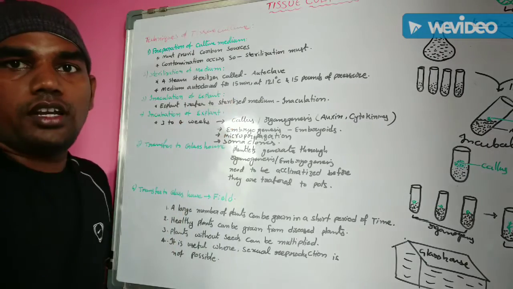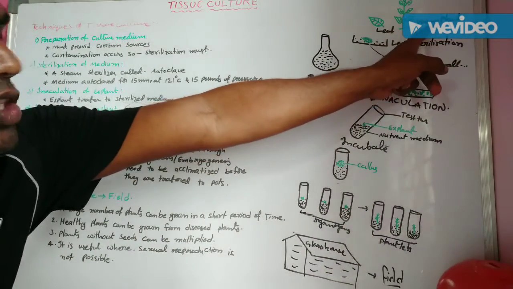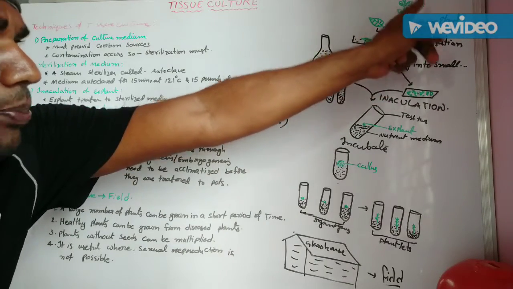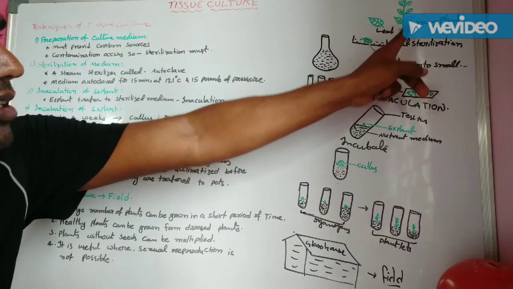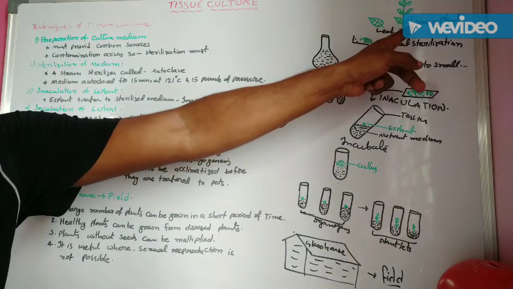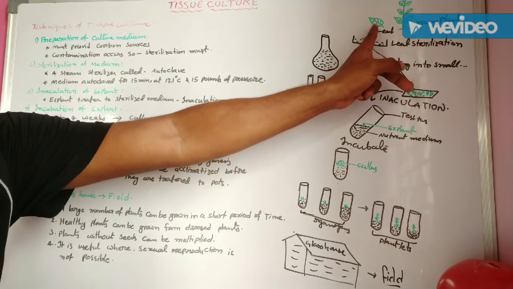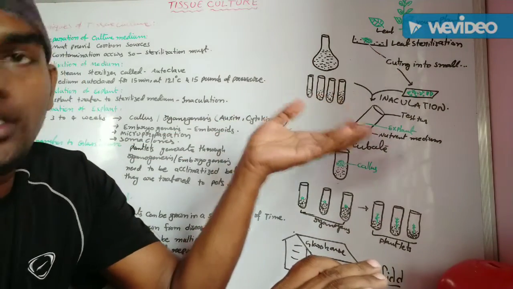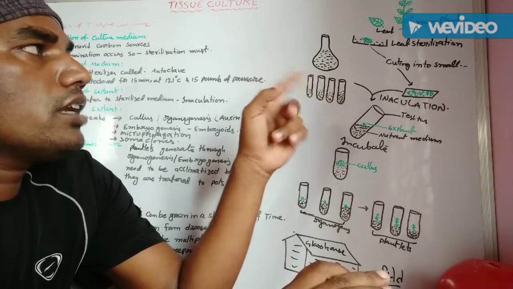Next one, inoculation of explant. Initially, this one is the agar plant. Any part of the plant is used as explant. Here, the leaf is extracted from the agar plant, so the leaf is the explant. This leaf is cleaned with fresh water, so you are cleaning the surface of the leaf.